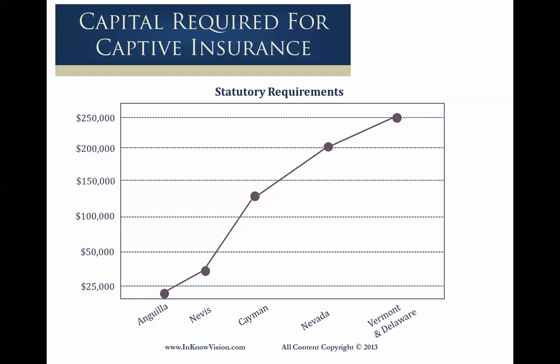We've given you some ideas of what different jurisdictions require, and there are two different ways of looking at this. One is what is actually required by the law of the jurisdiction where your captive is located. The second is what's a reasonable amount of capitalization for the risk that the company is taking on.